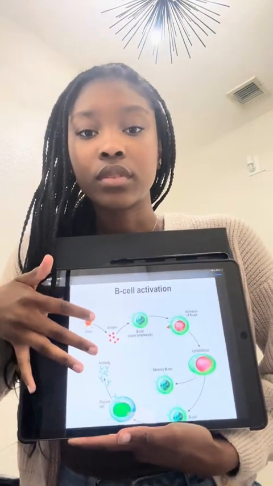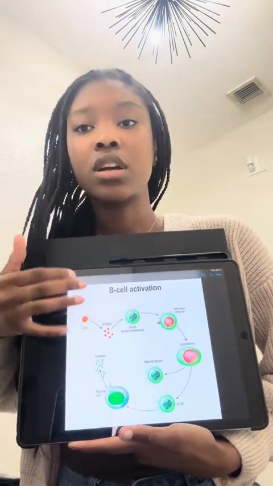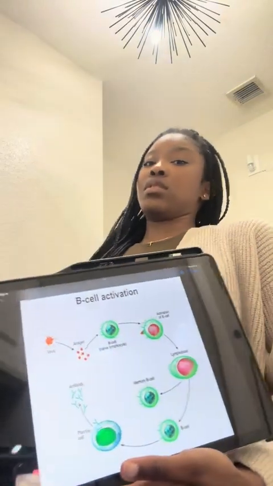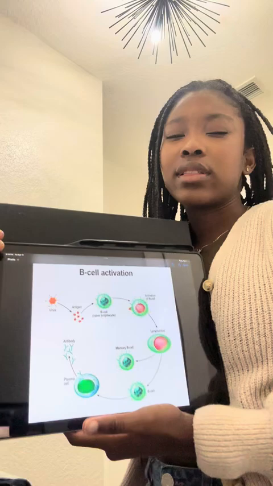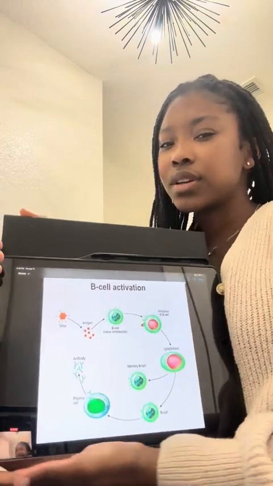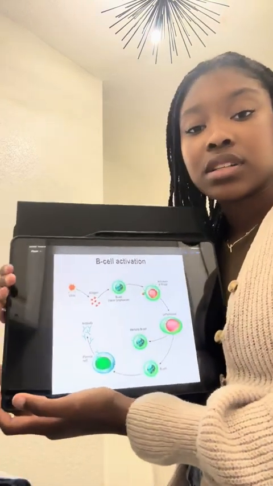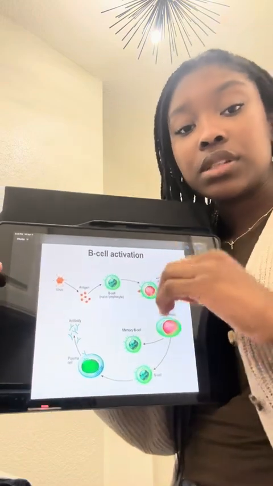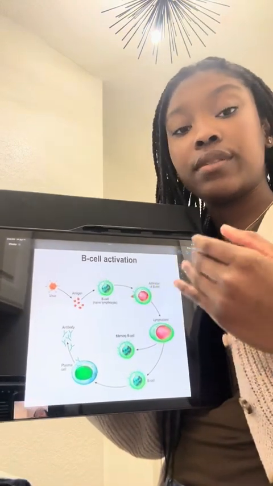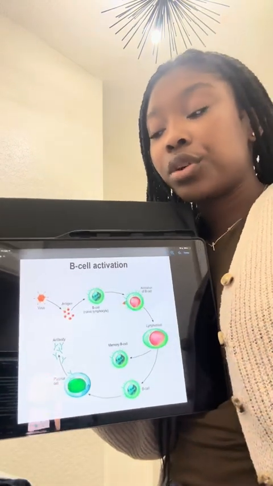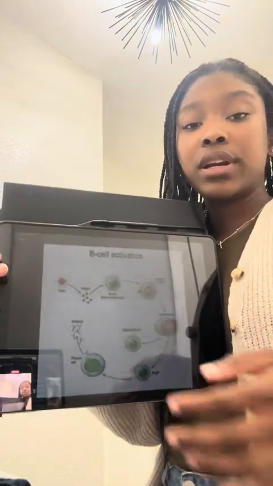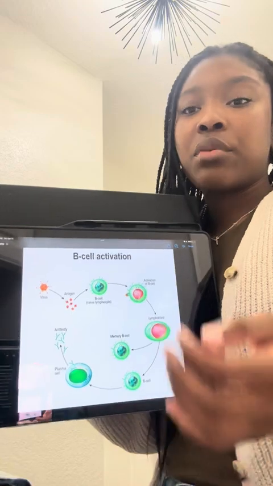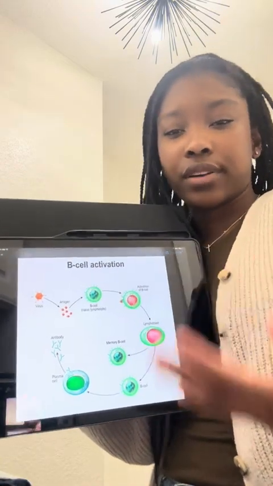Next we're going to go into the humoral immunity, which involves the B cells and the antibodies, and I think of this as a long distance defense. For the process, the B cell encounters a foreign invader, like bacteria floating in the bloodstream. Then once the B cell is bound to the antigen, it gets help from the helper T cell and it activates.